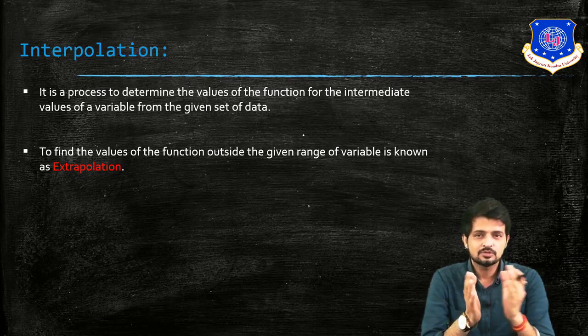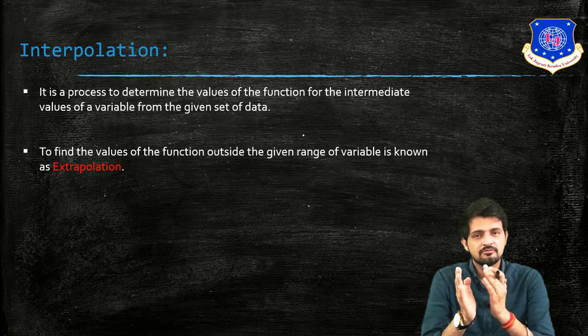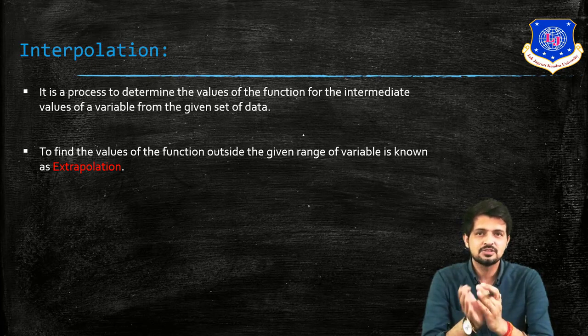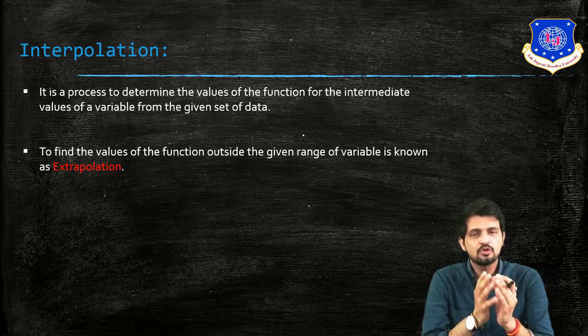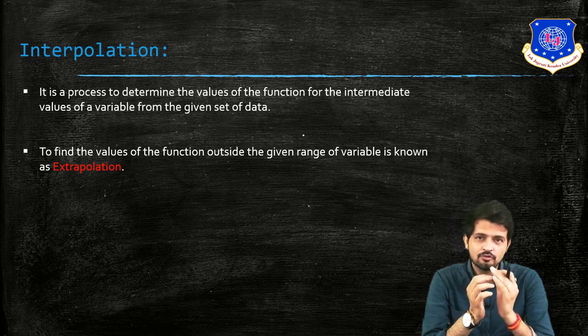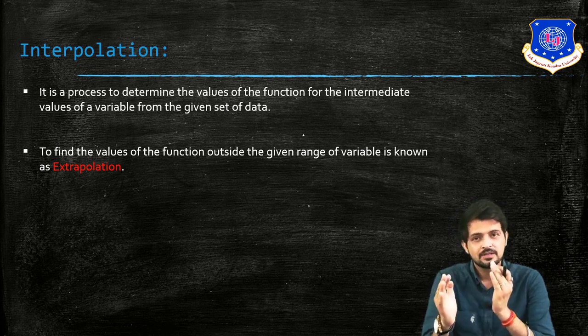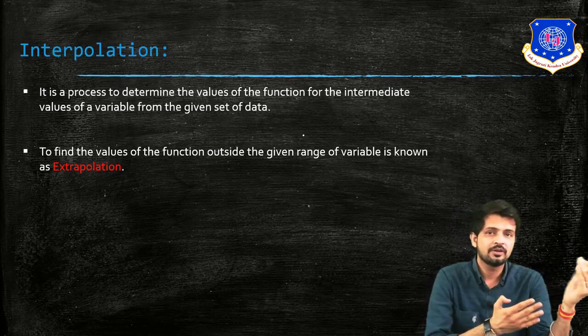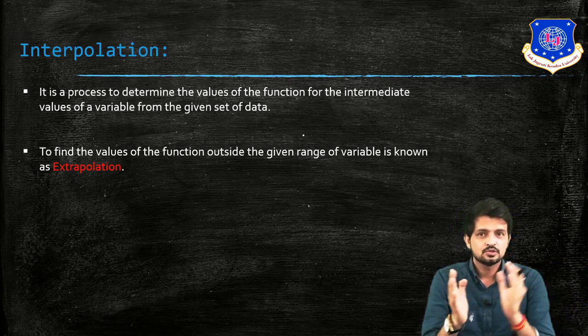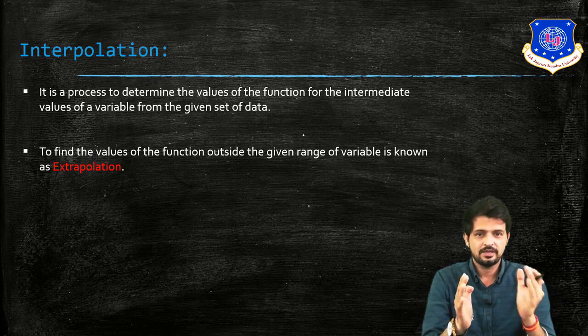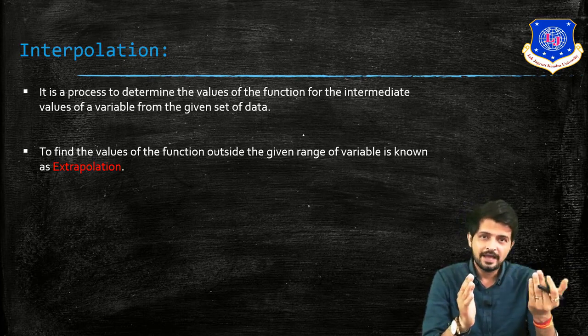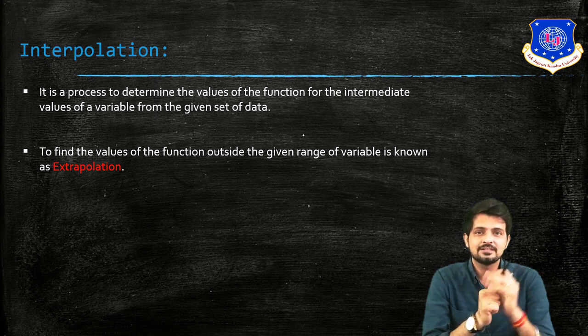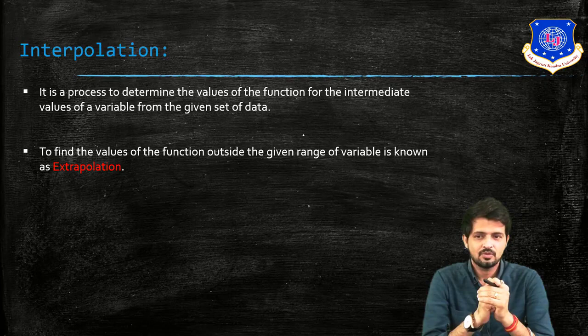For example, if the value of x lies between 0 to 2, and if I want to find the value of y for x is equal to -1 or x is equal to 2.5, 2.8, so outside that given range, if I want to find the value of the function, for x outside the given range, it is known as extrapolation, as the name suggests.